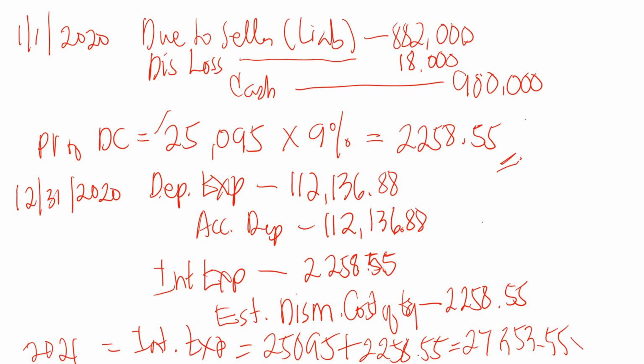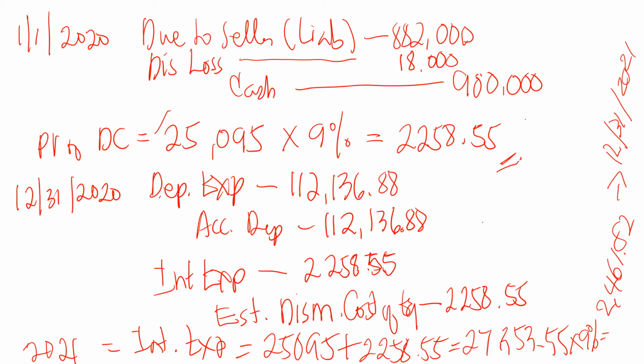So i-multiply natin to ng 9% ulit times 0.09. So that will be 2,461.82. So kailan ito i-recognize? December 31, 2021. Kasi 2021.